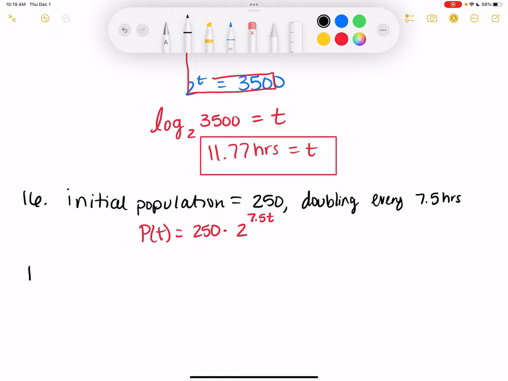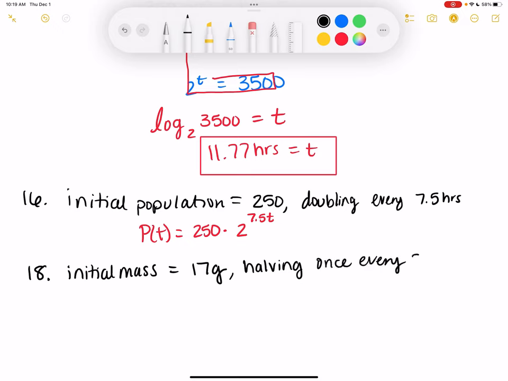All right, and then the last one of those, number 18, the initial mass is equal to 17 grams, and it's halving, so it's cutting it in half once every 32 hours. So this one's going to be like the opposite of doubling.